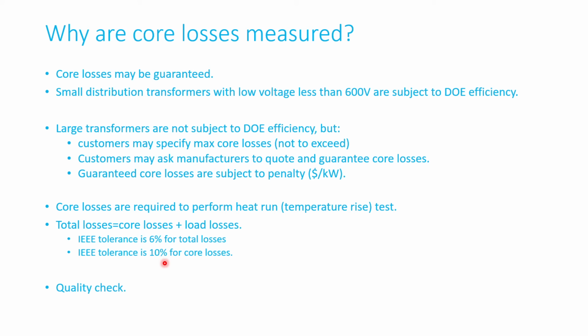Again, as I stated in previous videos, the transformer goes through a lot of tests, and all these tests complement each other, so they're good for diagnostics. It's kind of like when you go to the doctor. The doctor doesn't do just one test and make a decision.